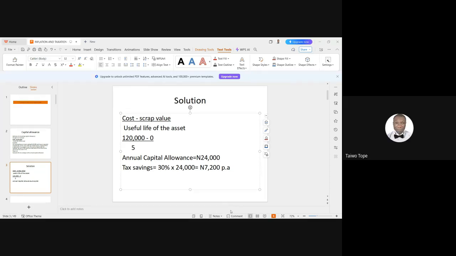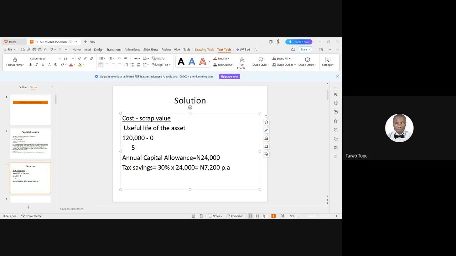The capital allowance is the written down value.